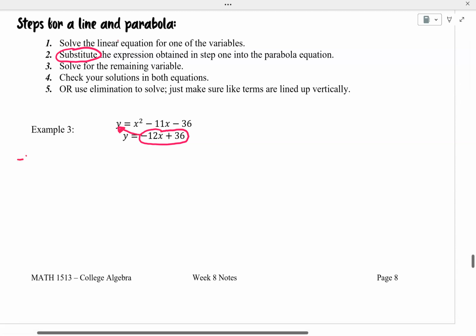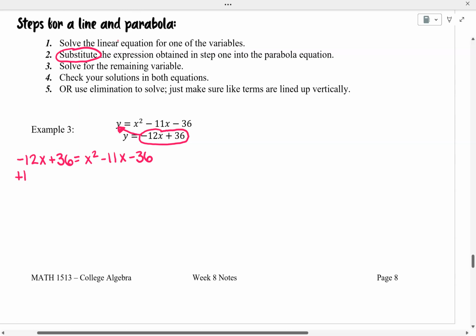So I can go negative 12x plus 36 equals x squared minus 11x minus 36. Now this is set up just like an equation for you to solve. And hopefully you remember that when you have an x squared, you've got to keep that positive.